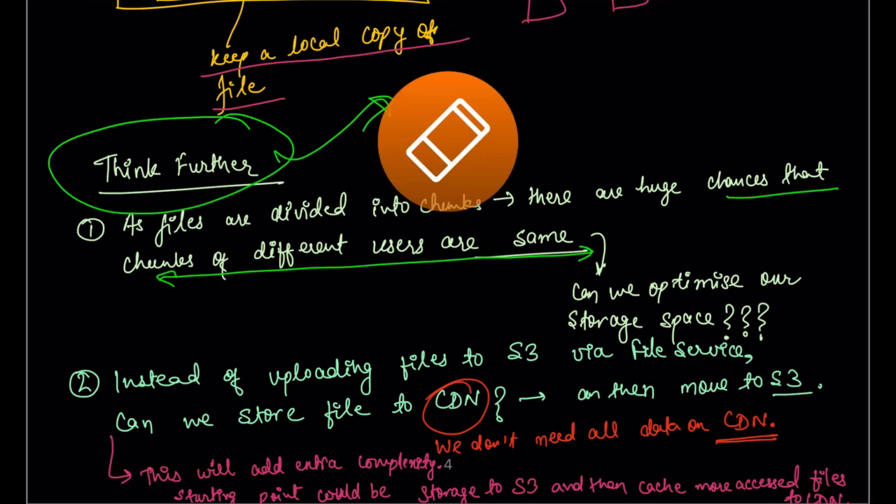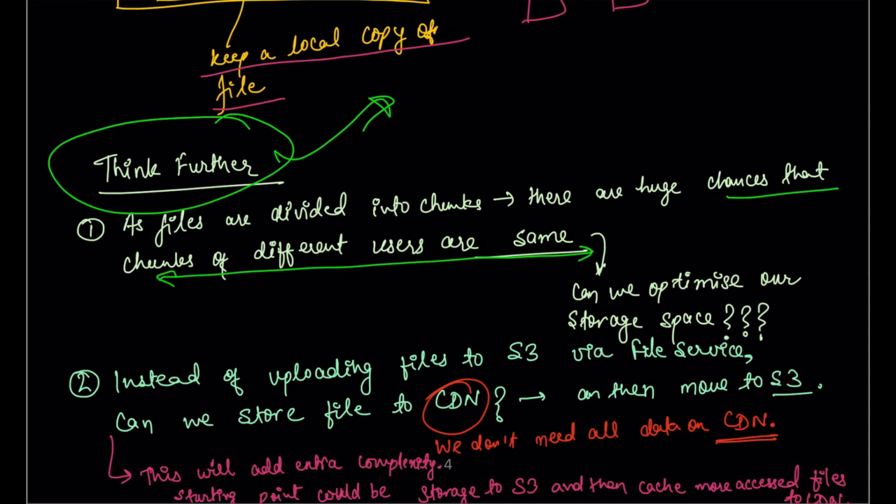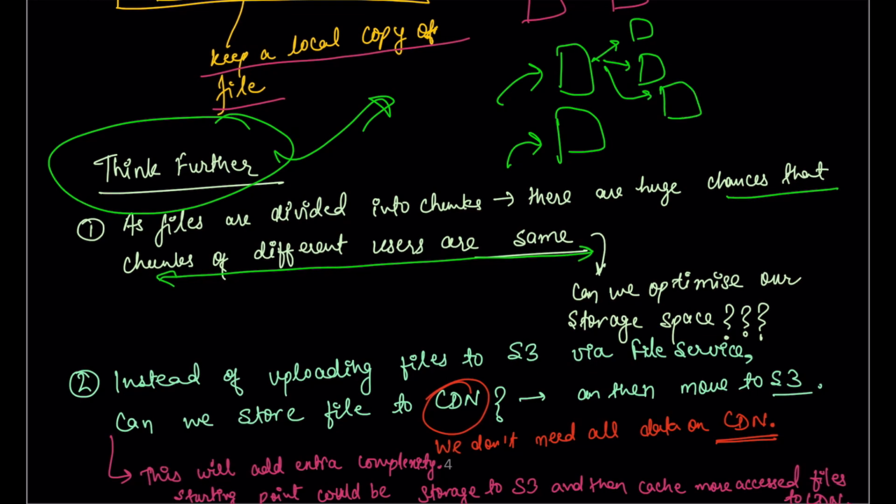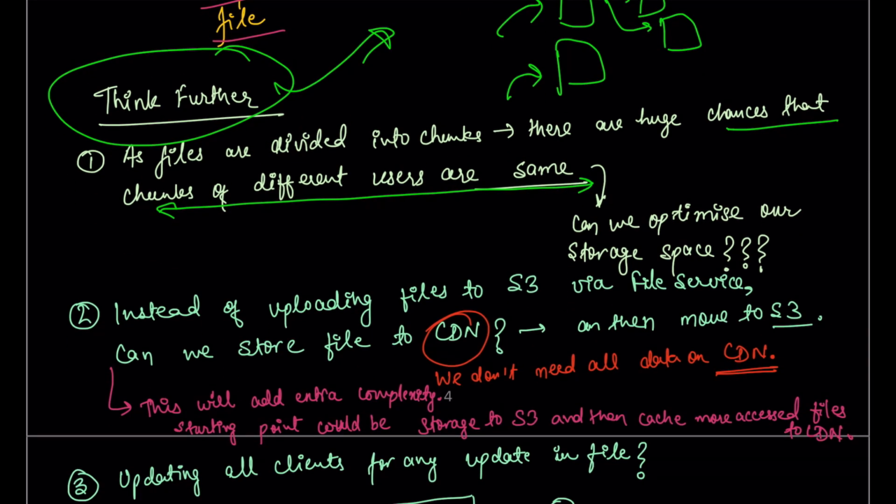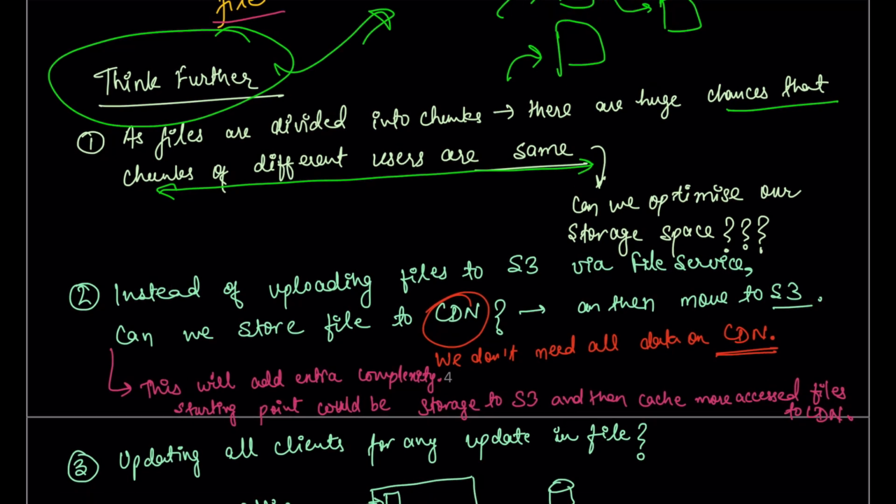This can easily happen in an application such as social media, where the same file is shared by multiple users. Since this file is broken down into multiple chunks, if a chunk resembles an already uploaded chunk, can you optimize the space somehow?